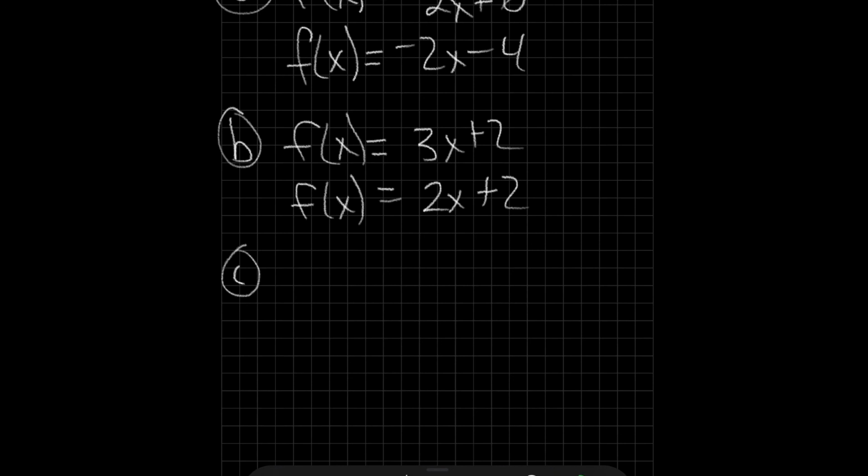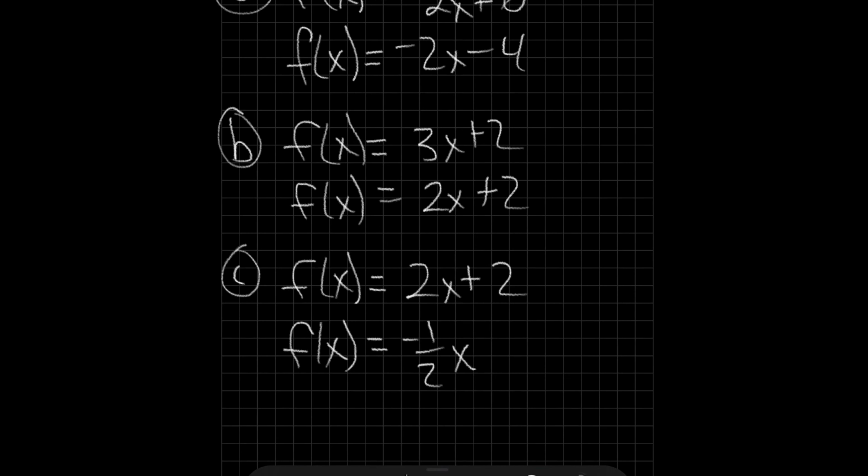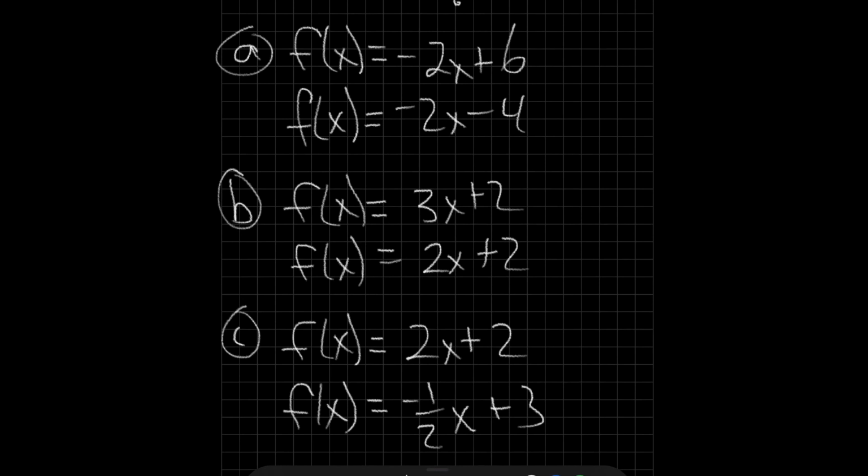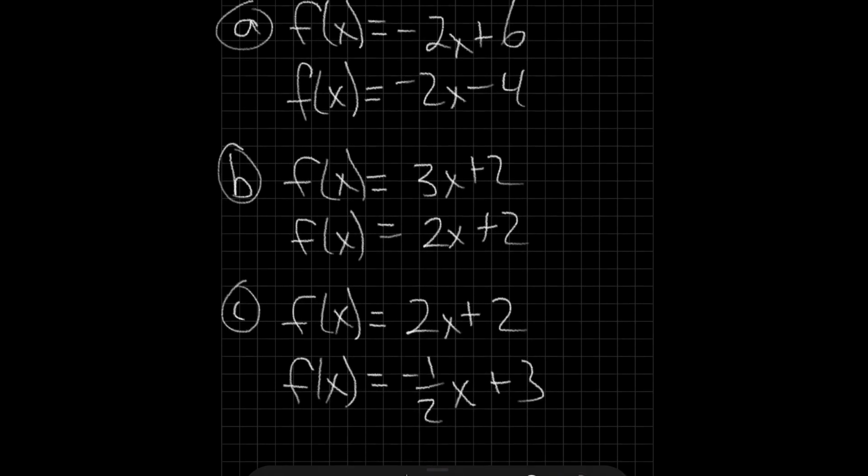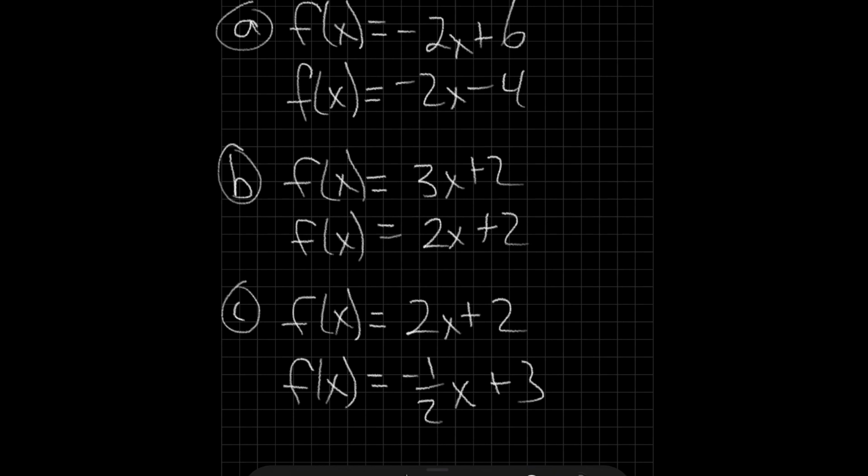And our third pair of lines, f of x is equal to 2x plus 2, and f of x is equal to negative 1/2 x plus 3. So if you'd like, for a second, you can pause the video and see if you can work these out. And then when you restart the video, I'm going to go through the answers.